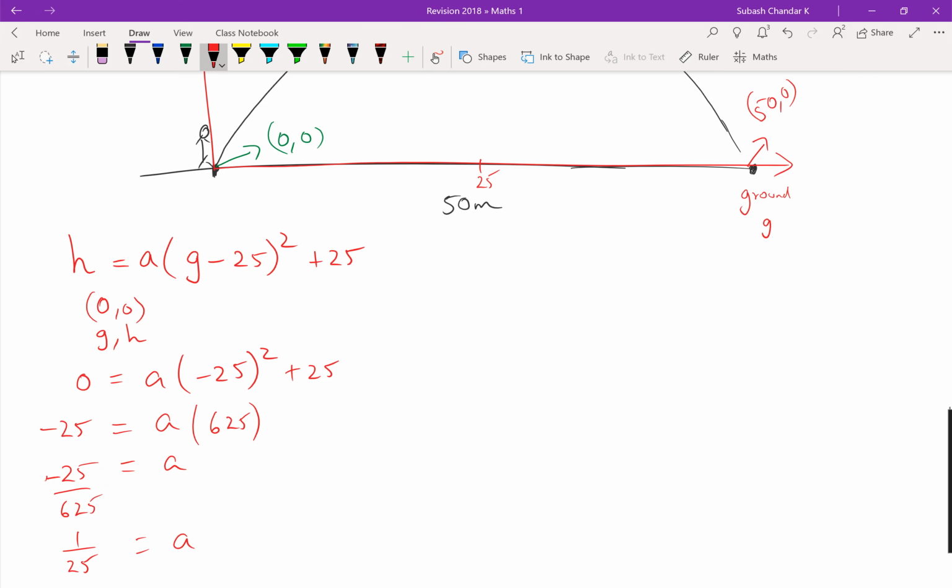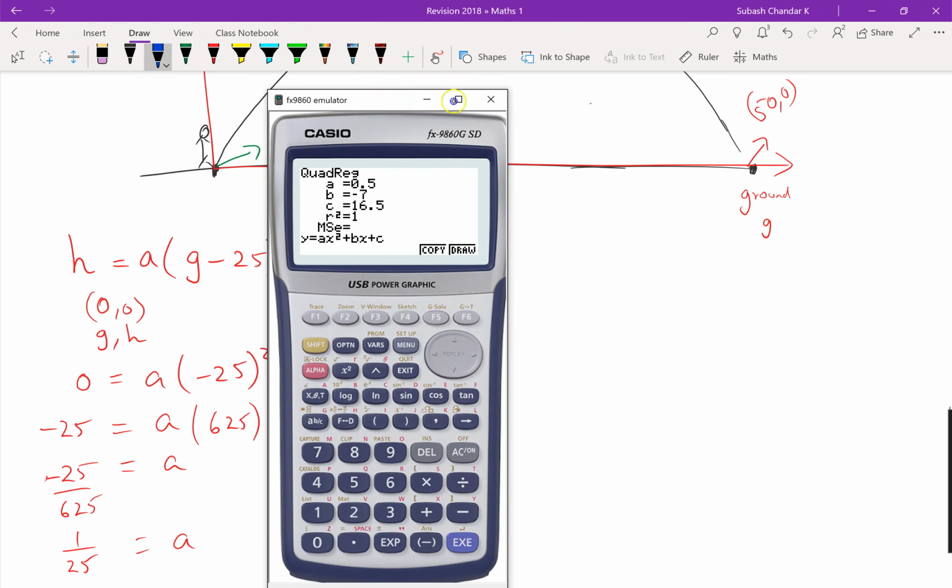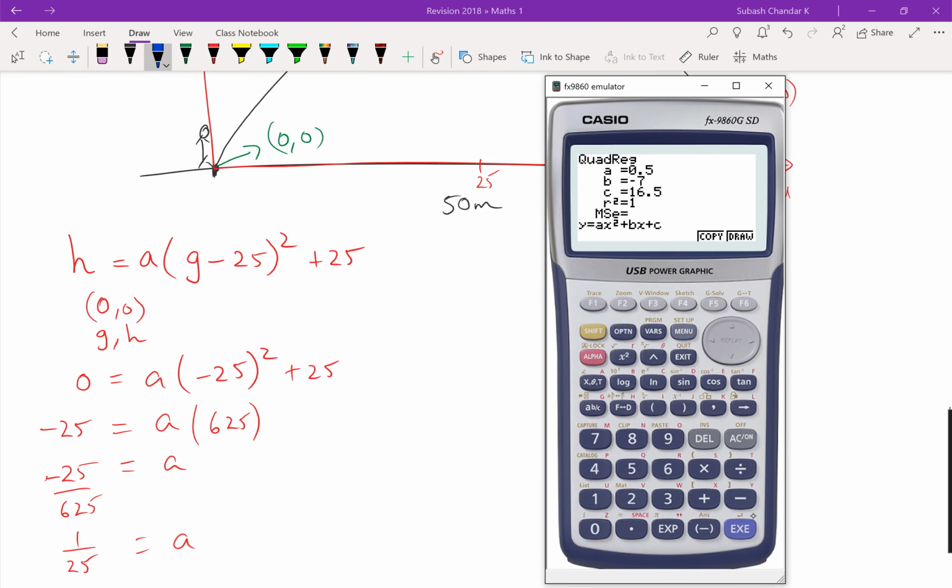I'm hoping you guys got 1 over 25 or 0.04. Yes? No? Okay, one shake of head. That's good enough for me. For those of you guys that did the graphics calculator way, you guys should have got this.